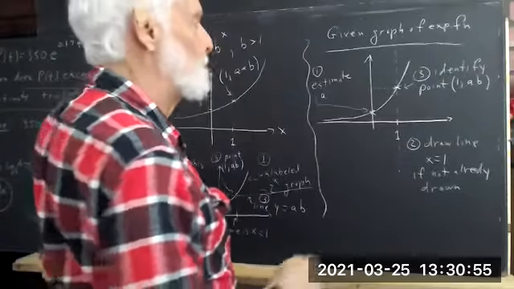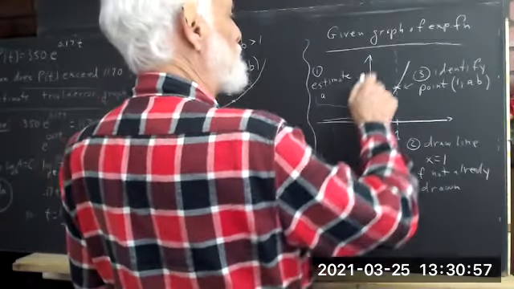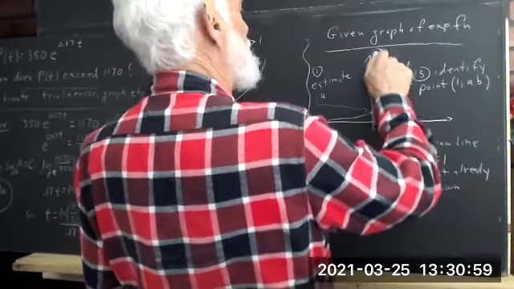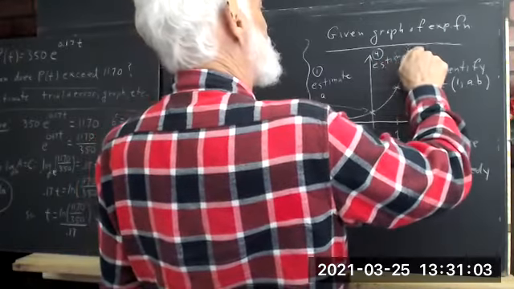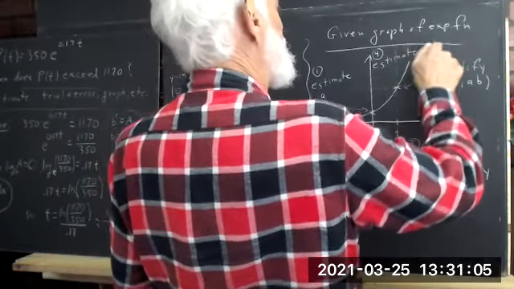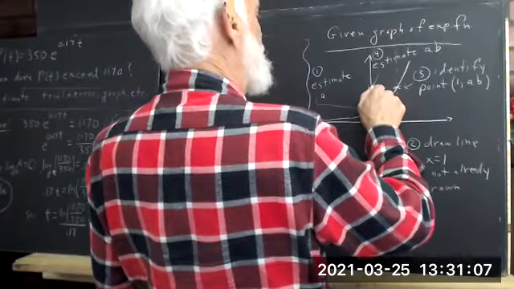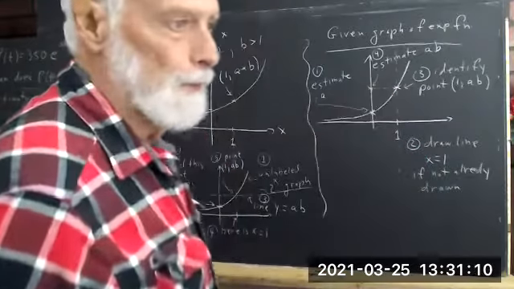And then 4, estimate ab, which would be the coordinates of this point.